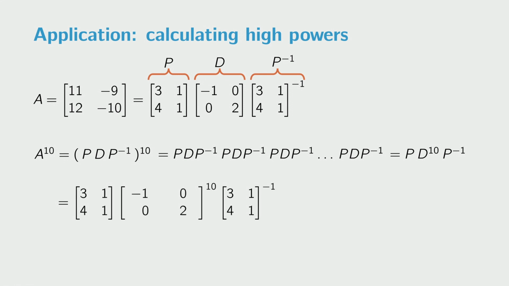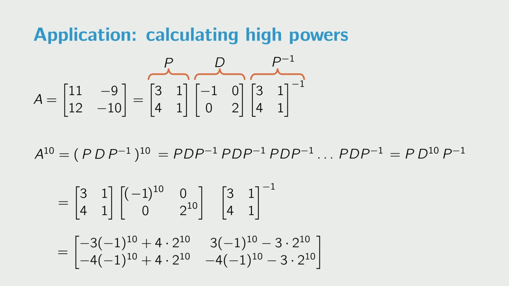Explicitly, we get this. So instead of having to calculate A to the power 10, we must calculate the 10th power of a diagonal matrix. But that is easy. It comes down to taking the 10th power of each diagonal element. Note that this is only true for diagonal matrices. Now we can do the calculation by hand. Check yourself that you get this expression.